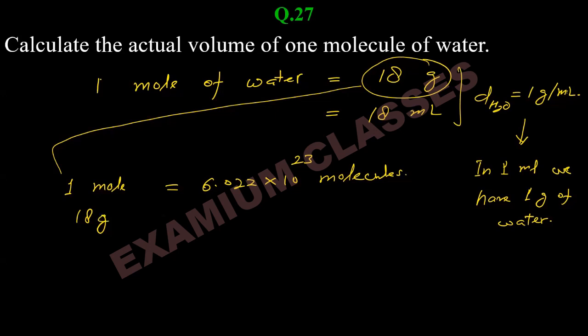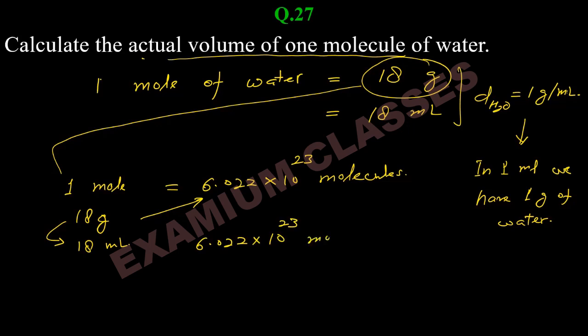So 18 grams is basically equal to 6.022 into 10 power 23 molecules. So what will be the volume of one molecule? 18 gram is 18 milliliter. So from here you got the relationship that 6.022 into 10 power 23 molecules equal 1 mole, and 1 mole has 18 milliliter.